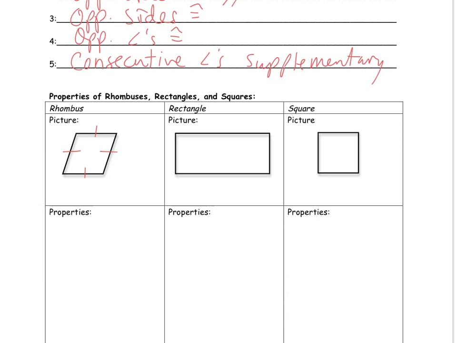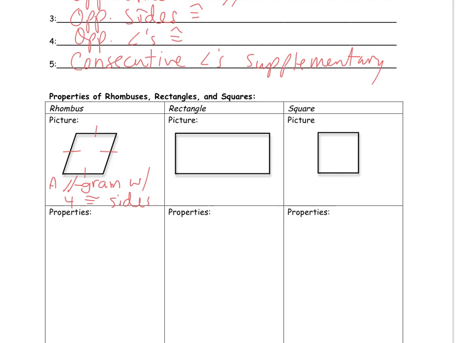Now the definition for a rhombus is we are going to say that it is a parallelogram with four congruent sides. Now the reason why we write it that way is by saying that it's a parallelogram, we now can say that it has all five properties above.